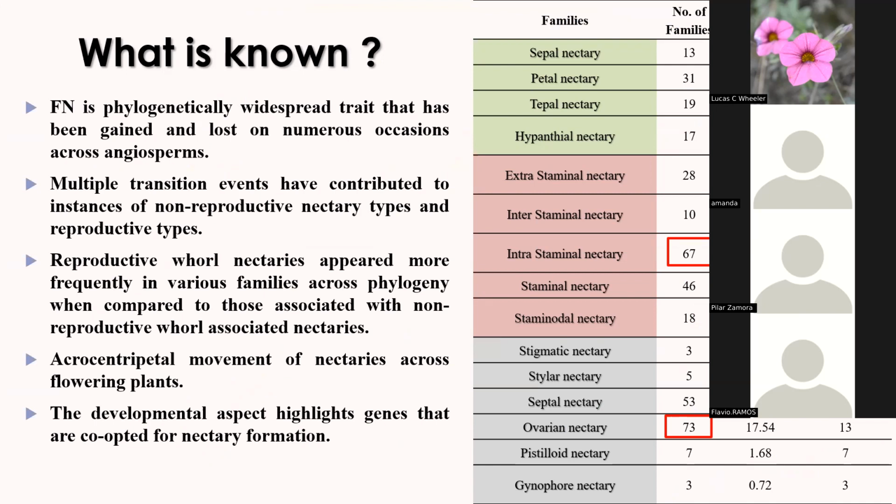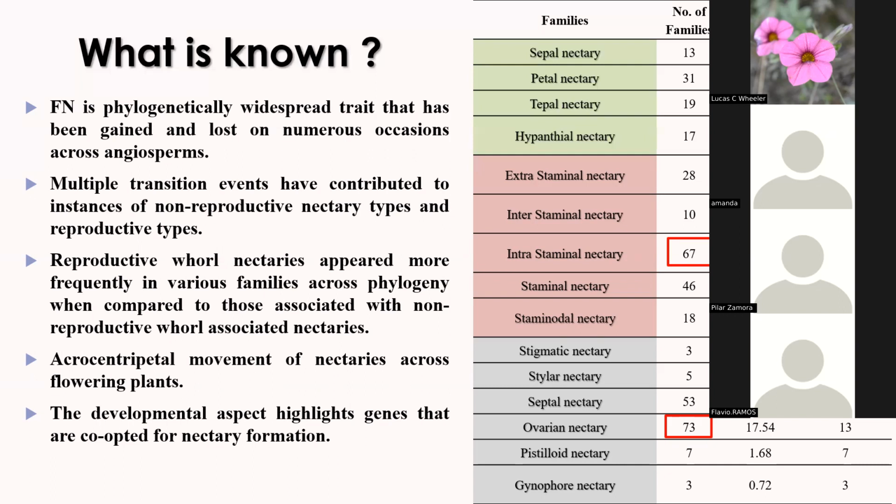Reproductive wall nectaries appeared more frequently across angiosperms, and we also supported the Fahn statement that there has been an acrocentripetal movement of nectaries. We could also see the developmental aspect, and highlight that a few genes have been co-opted for nectary formation. So this is what we analyzed from this tree.